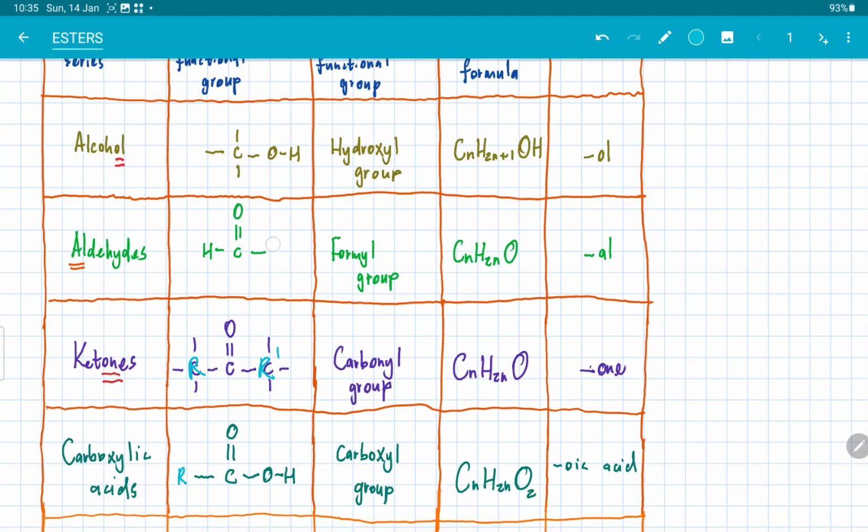The R just indicates that the chain may continue, extending this side or that side. It's not compulsory to put that R when you draw a structural formula of a functional group. You can just omit it.